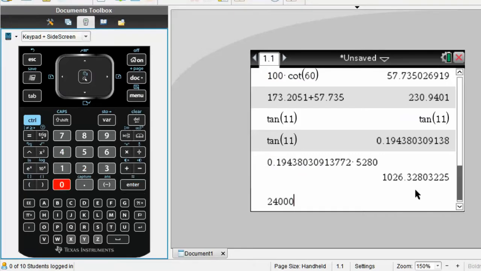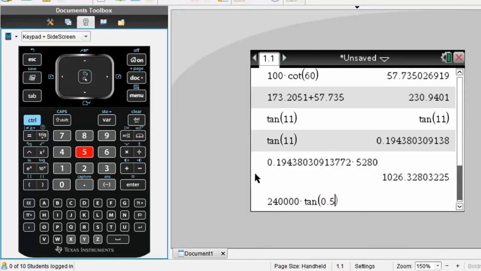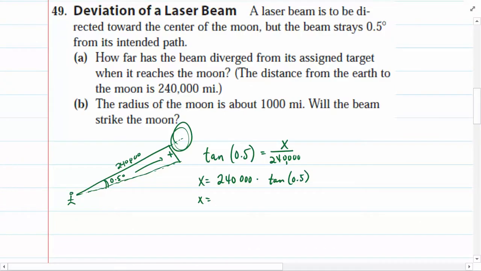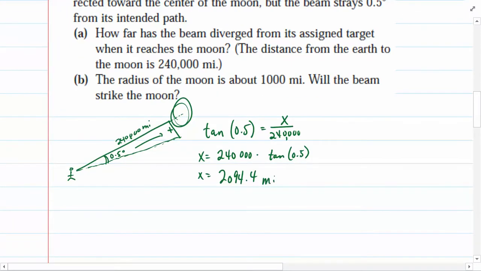So 240,000 times tangent of 0.5 equals 2094.4. We'll go ahead and just round that to one decimal place. And again, our measurements were given to us in miles, so this means that we've deviated 2,094 miles from our target. Now that's the answer to part A.